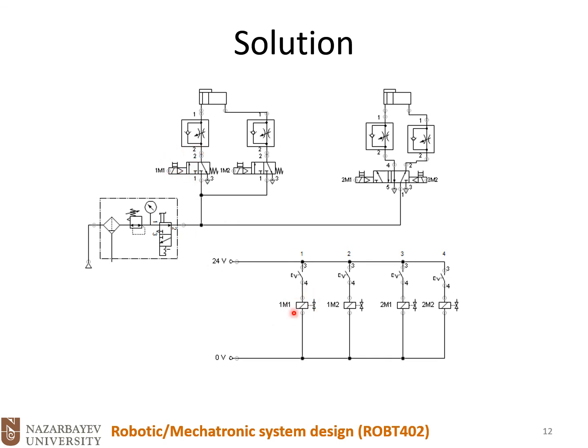So we have the solenoids 1M1, 1M2, 2M1 and 2M2, and here we have sensors. Okay, and basically these solenoids will be activated by the command of the sensors.